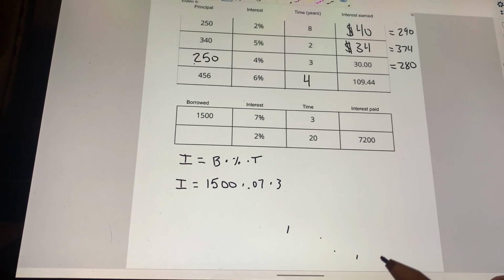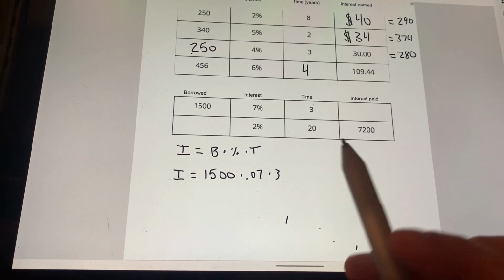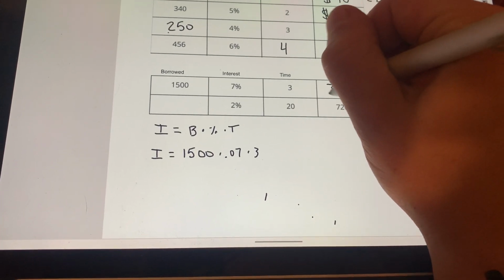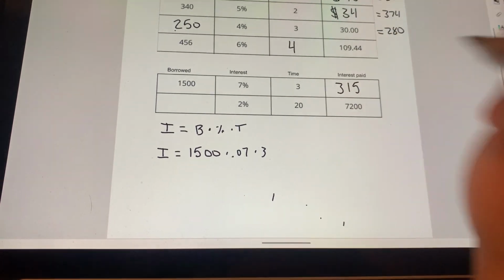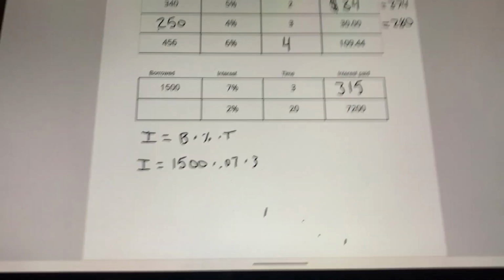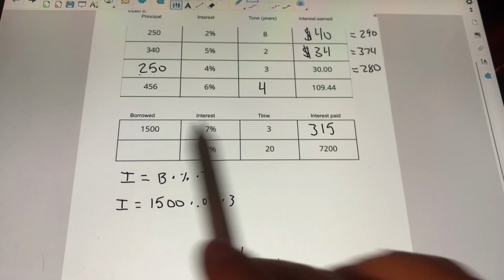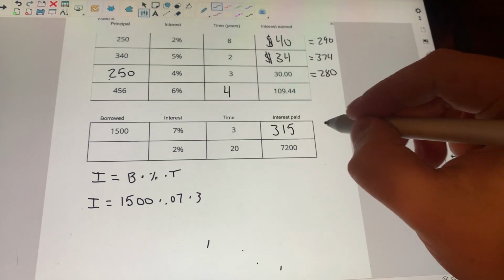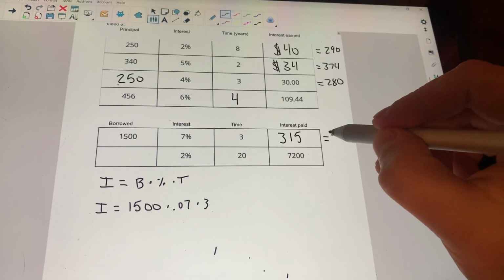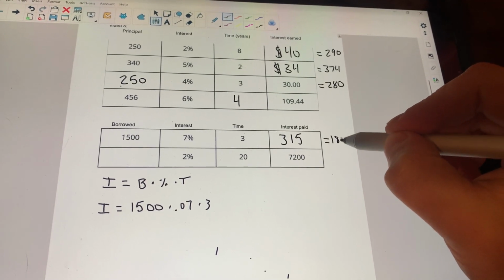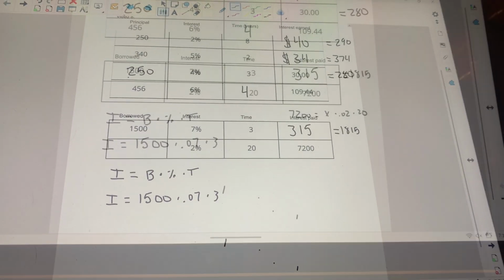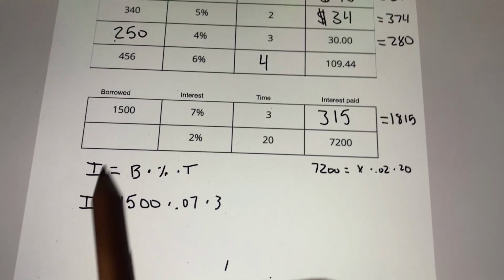So when I put this in my calculator, I'm going to have to pay $315 in interest. Now, when you're paying back interest, you have to pay back the amount you borrowed plus your interest. So what I need to pay back in total is $1,815.